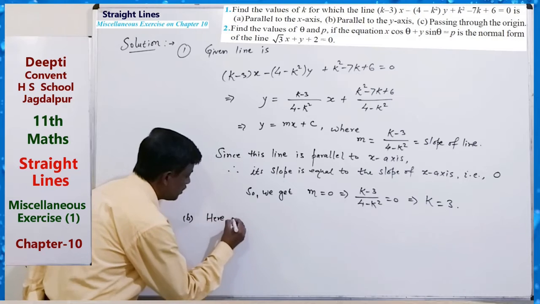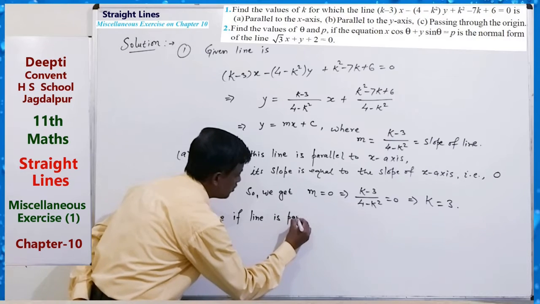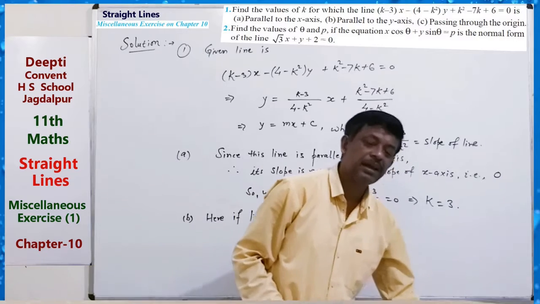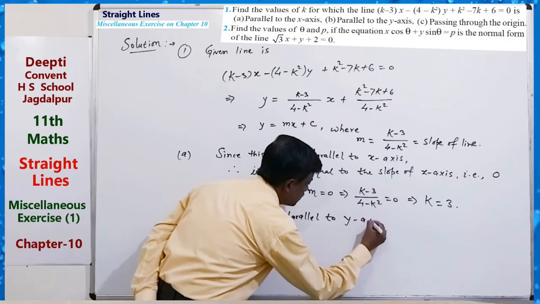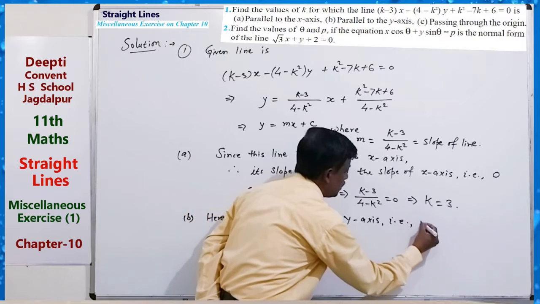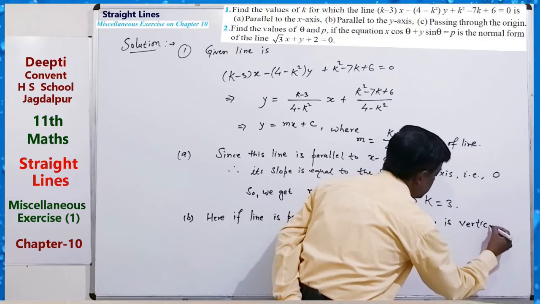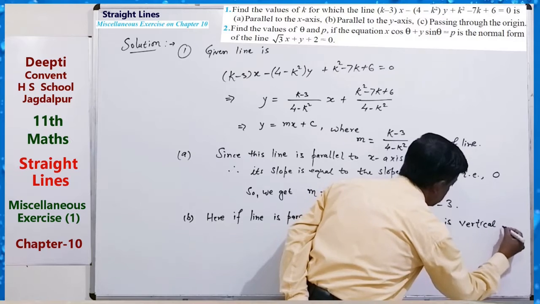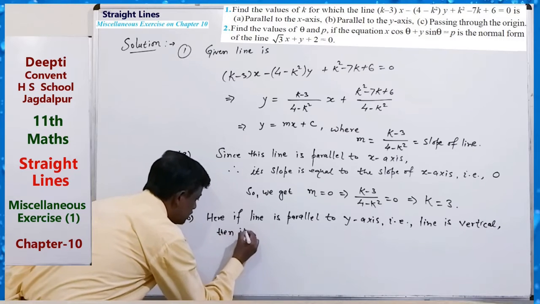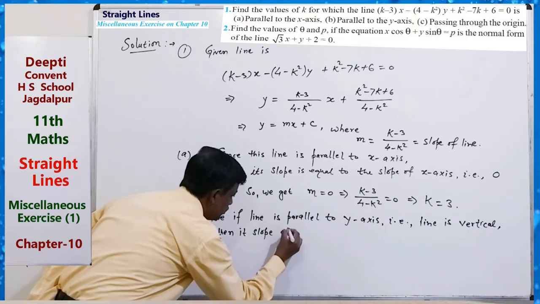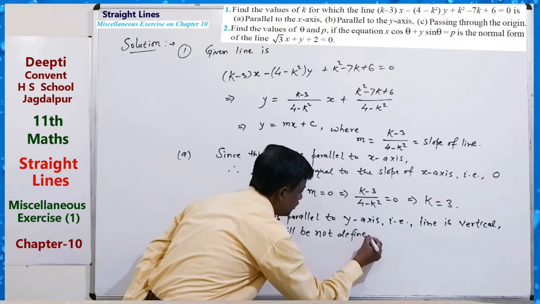If the line is parallel to the y-axis, that is, the line is vertical, then its slope will not be defined.